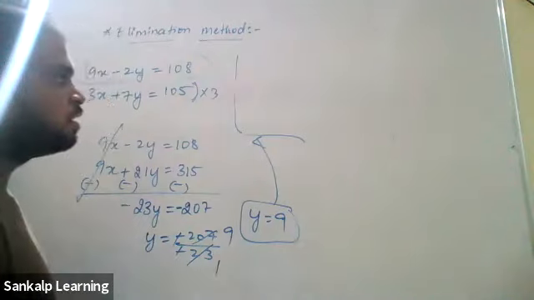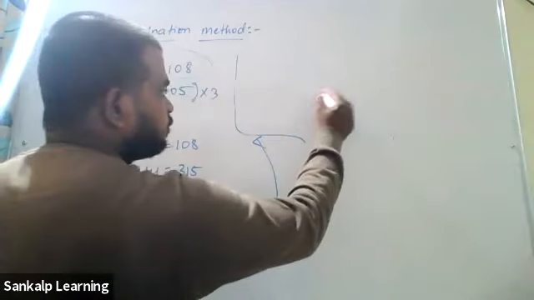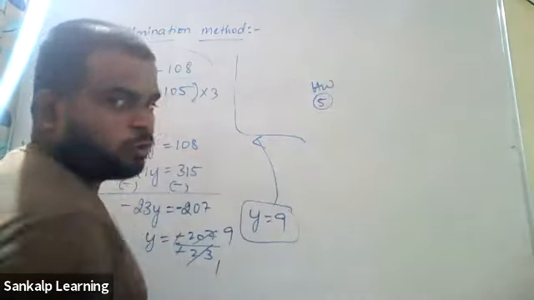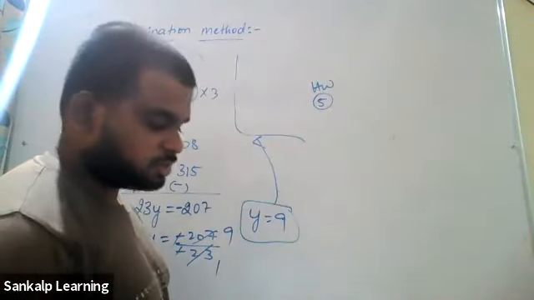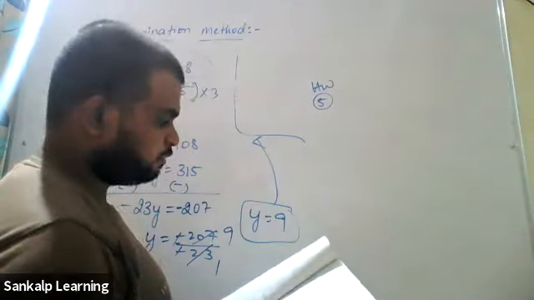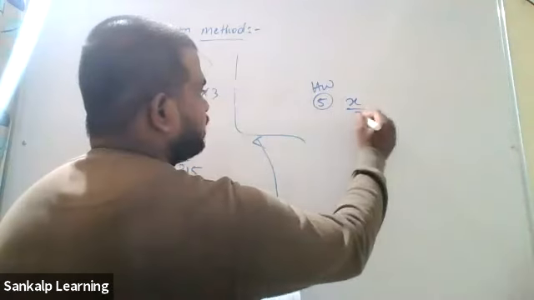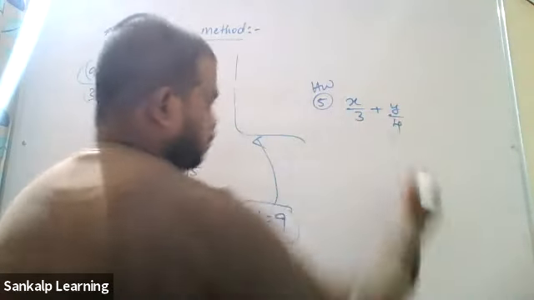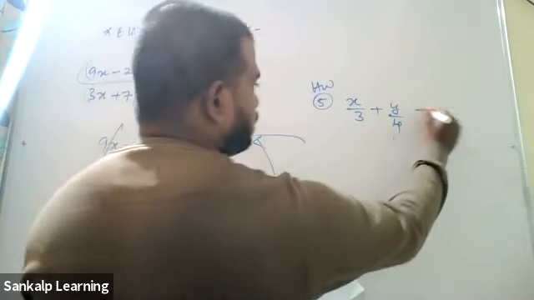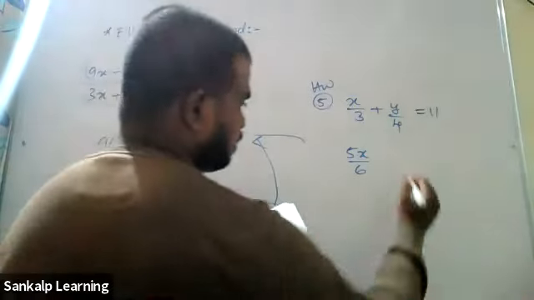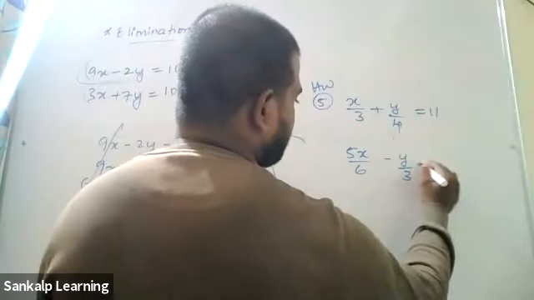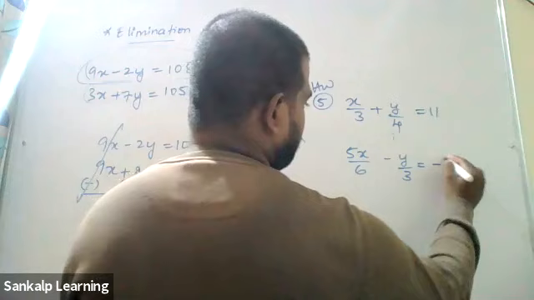Let me give you a question. In homework, I guess it will be the 5th question, right? In homework, it will be the 5th problem. The homework has separate numbering. So it's the 5th problem, I guess. x/3 plus y/4 equals 11. 5x/6 minus y/3 equals minus 7.